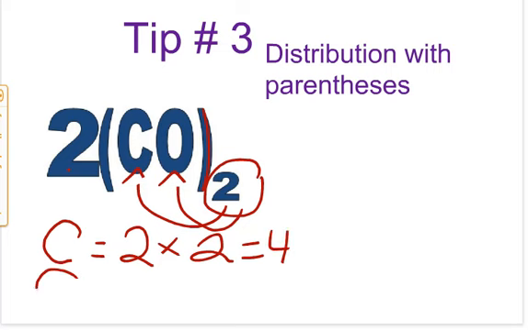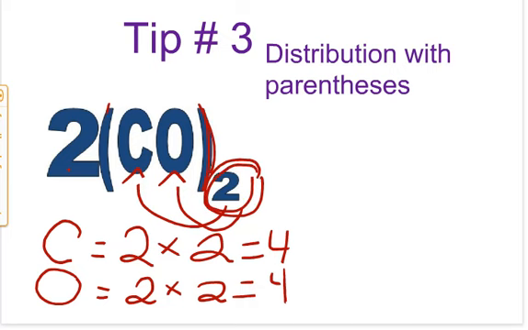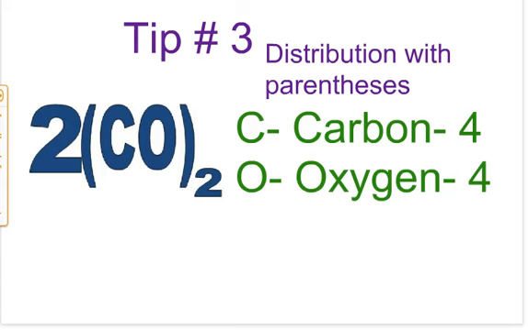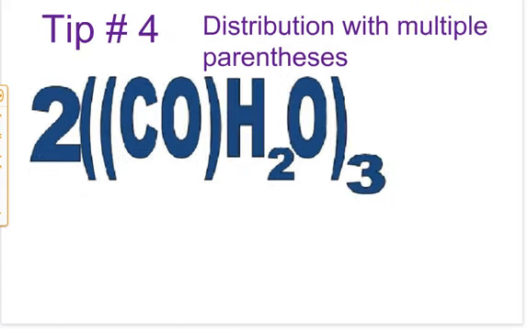For the oxygen, we have 2 times 2 as well, which is 4. So this 2 on the outside of parentheses changes everything. This 2 is outside the parentheses as well, so it's going to distribute. So 4 carbon atoms and 4 oxygen atoms.